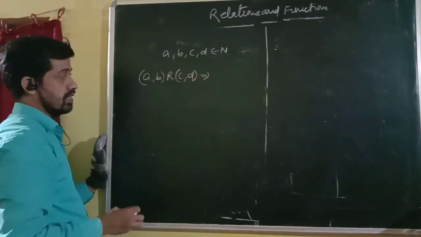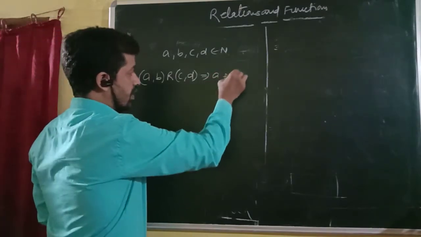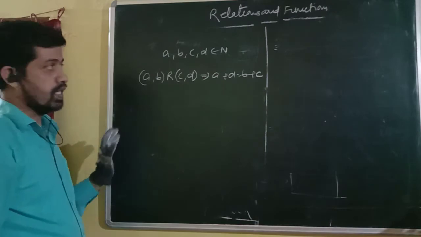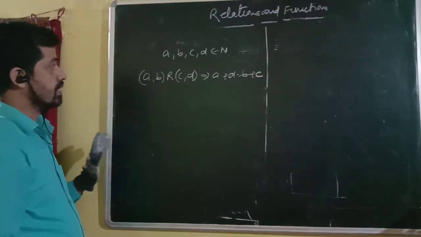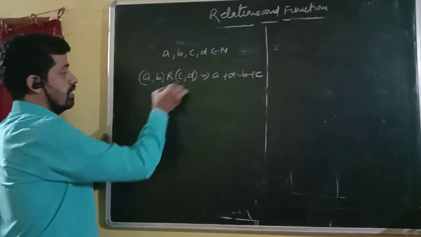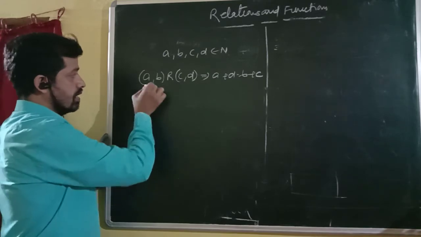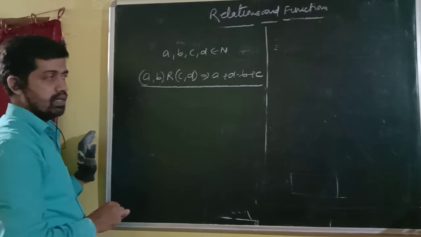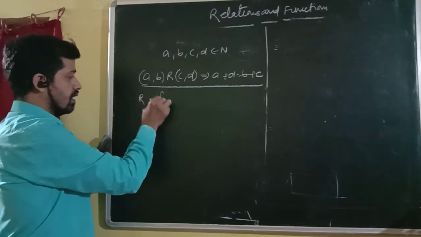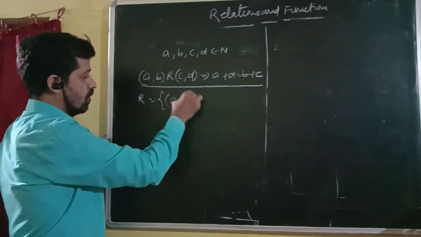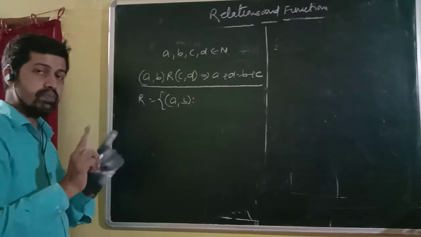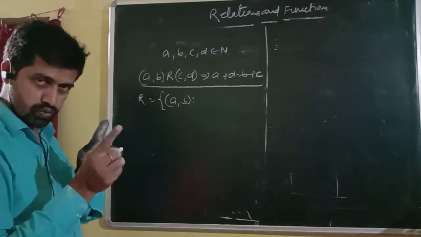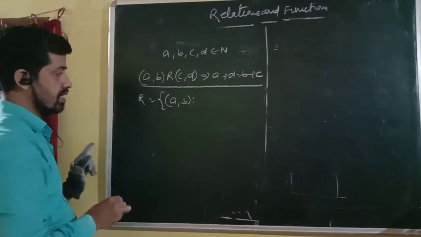The condition is there, A plus D equals B plus C. Now we have to prove that if R satisfies this condition, that means R is containing ordered pairs, and the relation is between ordered pair to ordered pair, not element to element, which we discussed in the previous cases.